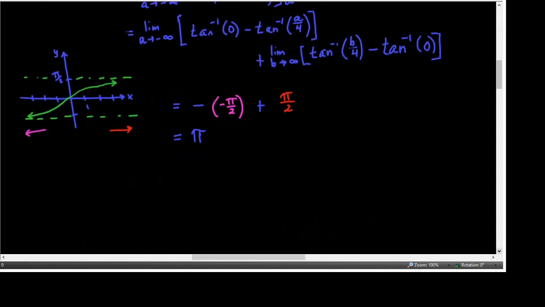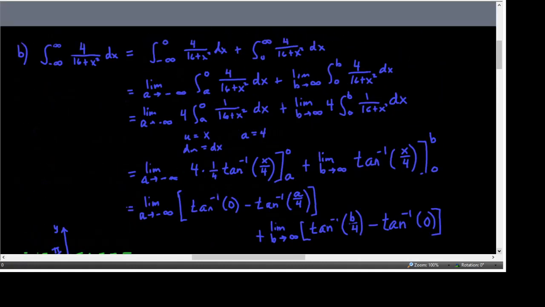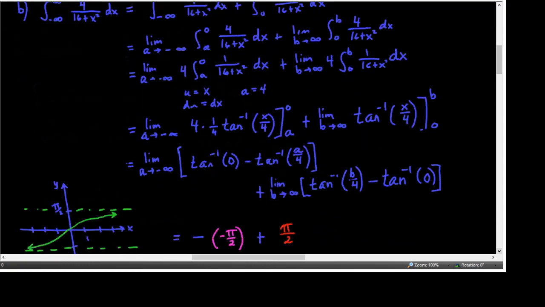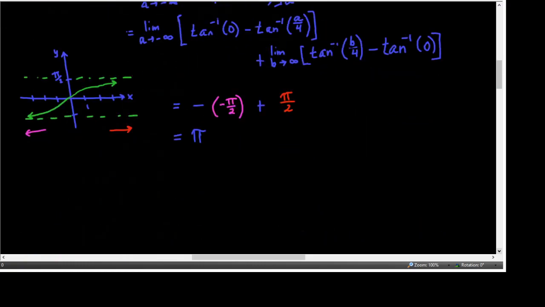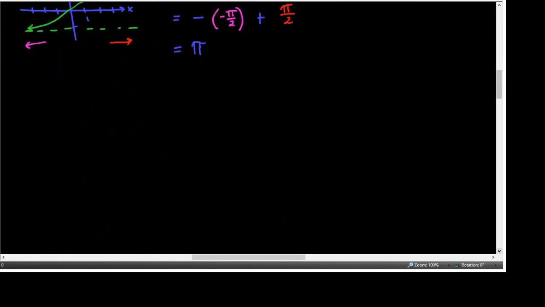All right. Oh, and by the way, one thing I forgot to say, because it didn't really have an effect on this problem, is that, remember I said something about look for discontinuities from now on. 16 plus x squared cannot ever equal 0 for any real number x, so it didn't have any internal discontinuities to concern ourselves with.